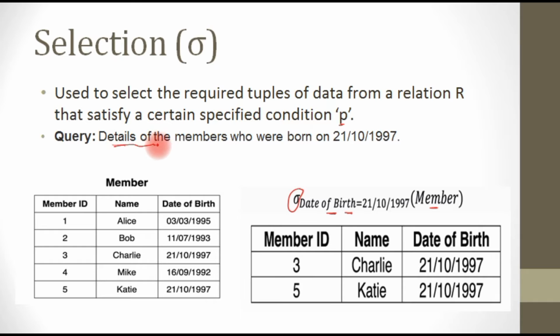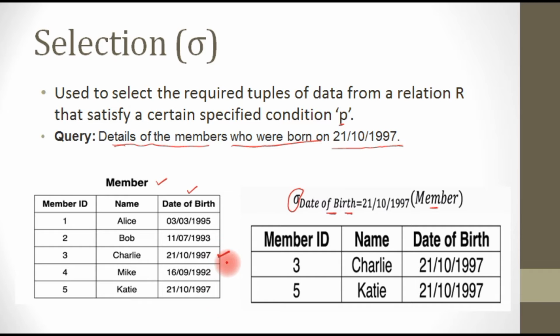Fetch the details of the members who were born on 21st October 1997. So this is your member relation. In this relation, we have a date of birth column, and in this column find 21st October 1997.